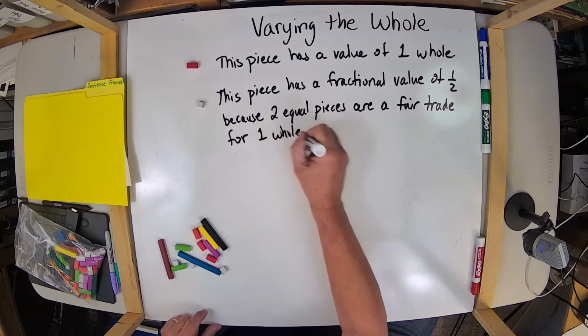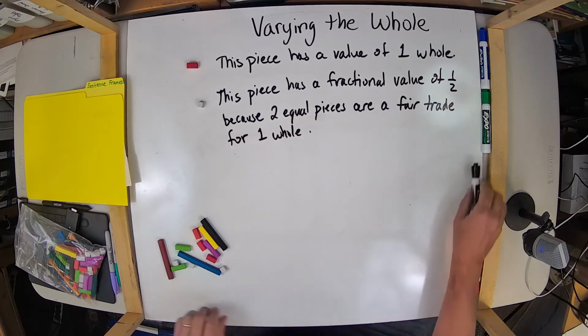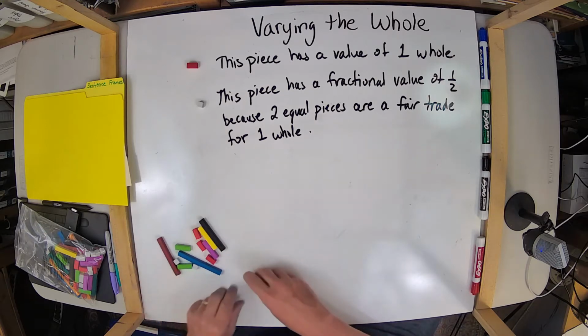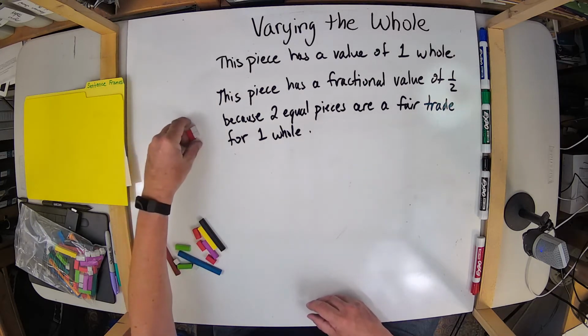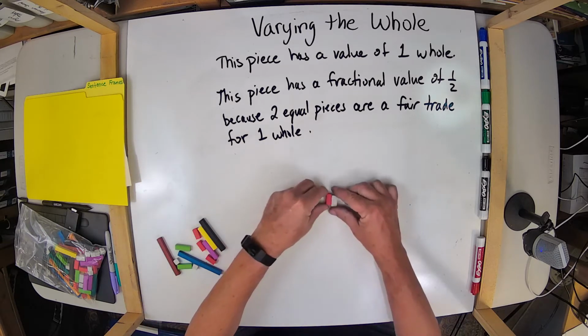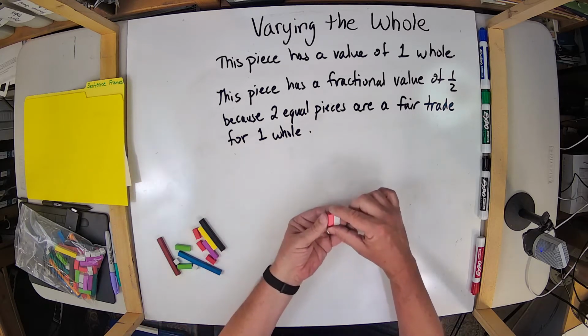Okay, this also comes from our sentence frames, and you'll notice I have some blocks here. And so what I want students to be able to do is to say, okay, there you go. That's what I mean when I say fair trade.